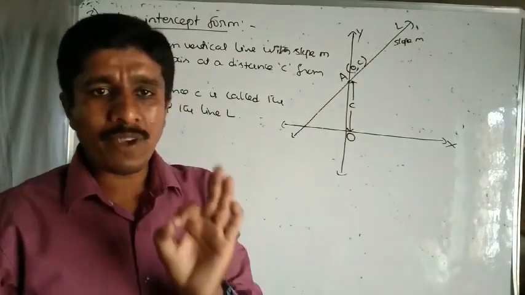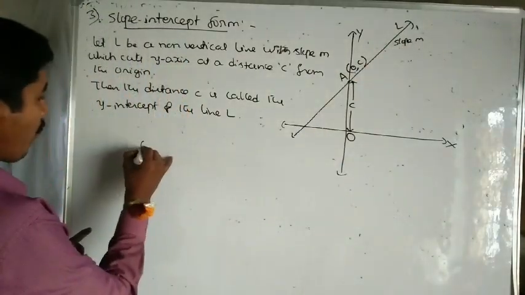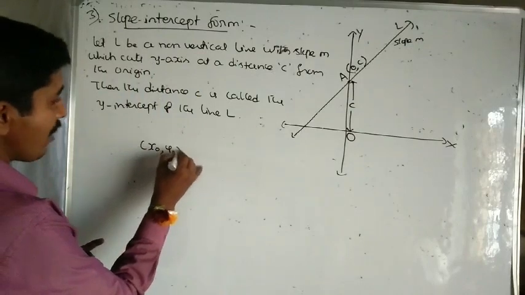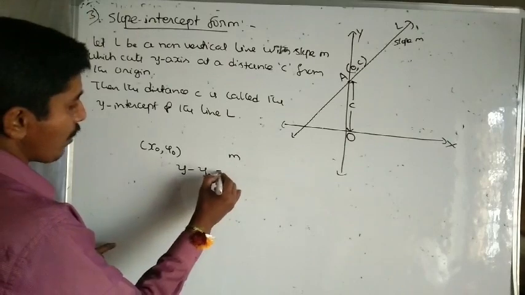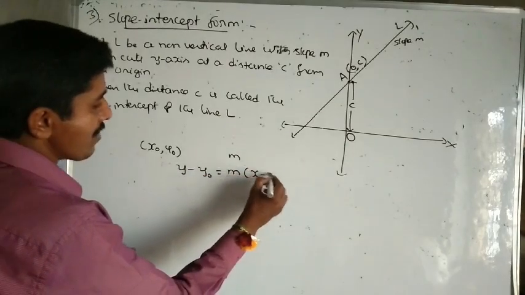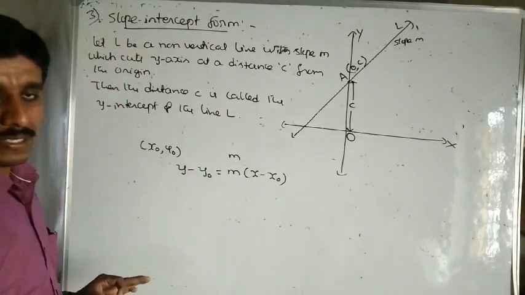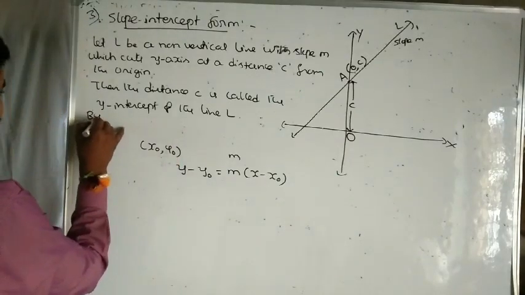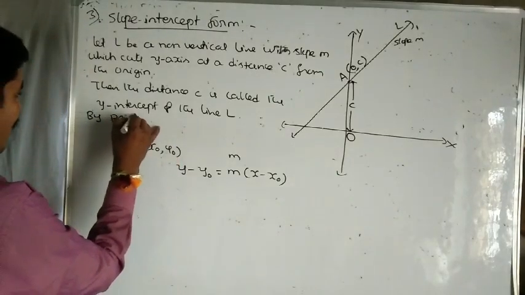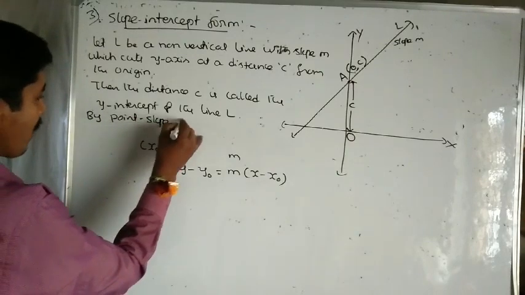We know that the equation of the line passing through the point (x0, y0) with slope m is given by y minus y0 equal to m into x minus x0. This is correct. Therefore, I am taking the first one, the point slope form.